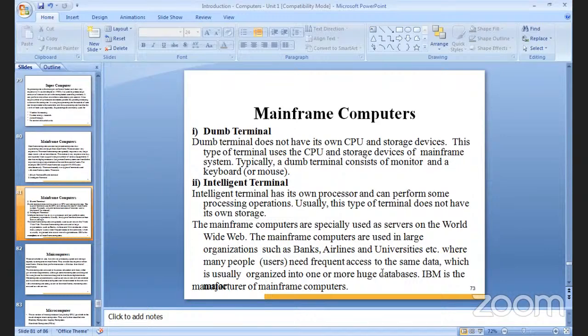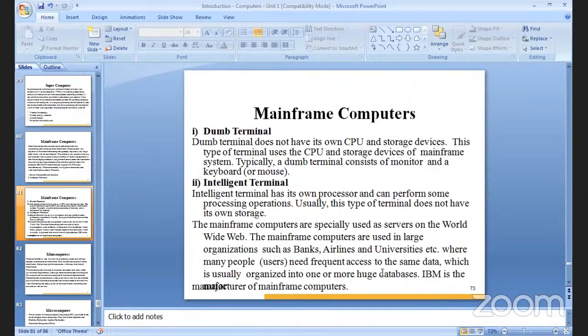Mainframe computers are especially used as servers on the WWW, that means World Wide Web. Mainframe computers are used in large organizations such as banks, airlines, universities, etc., where people frequently access the same data.